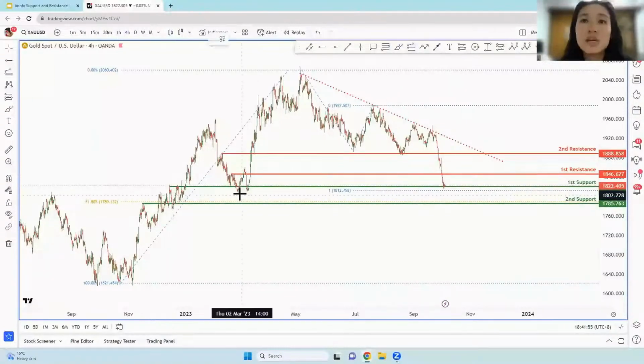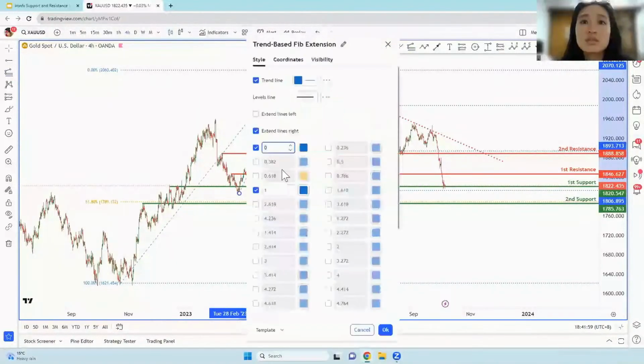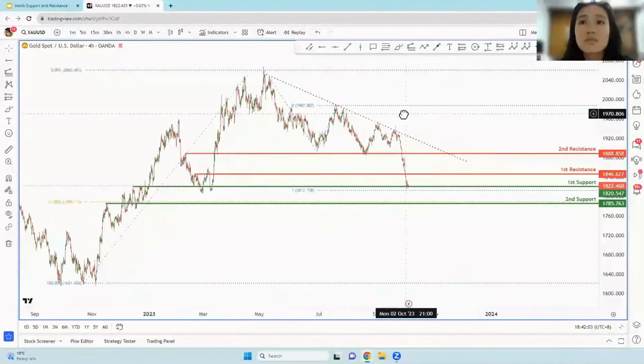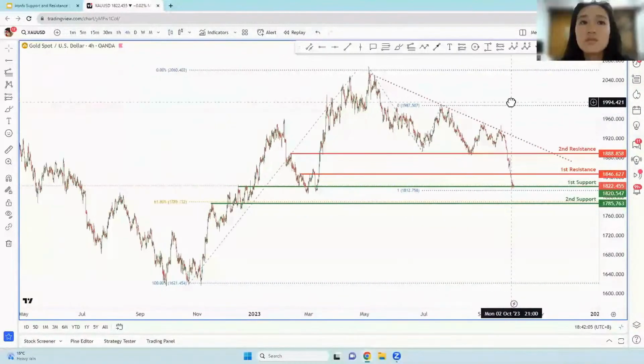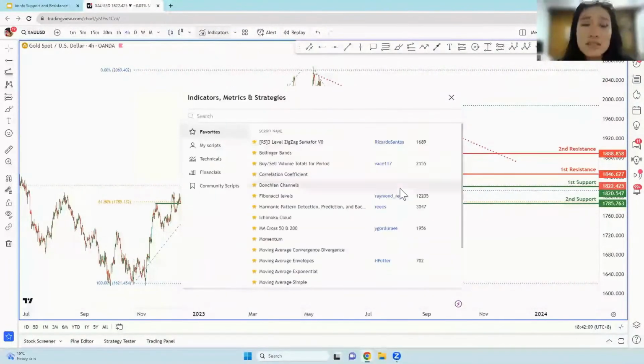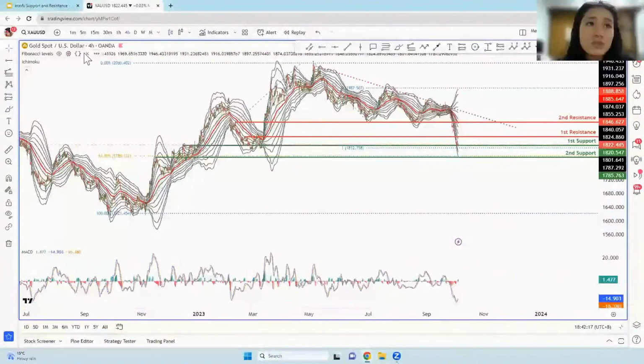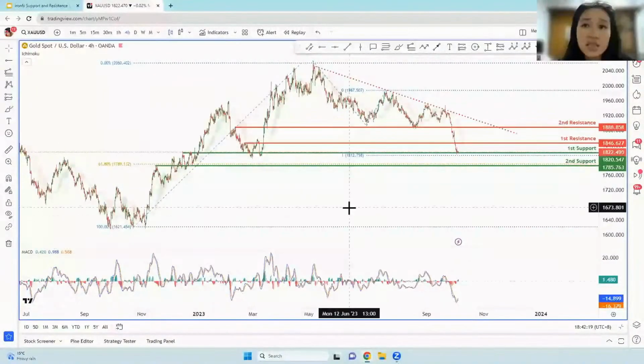Okay, I think that's all the levels we have for Fibonacci. So the next step is to go in with some indicators, and my favorite indicators to use are the Ichimoku and the MACD.